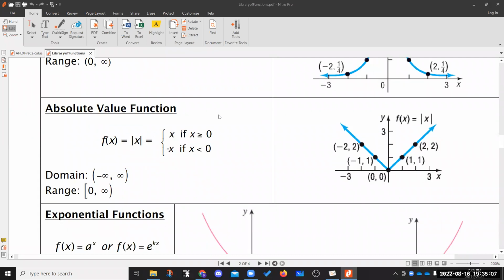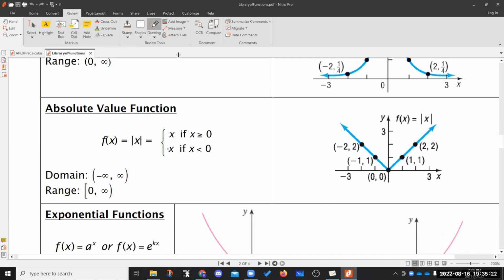Okay, now we have the absolute value function. Another way that we can look at the absolute value function, which is going to be important for us to know, is that we can look at it as f of x equal to the square root of x squared.